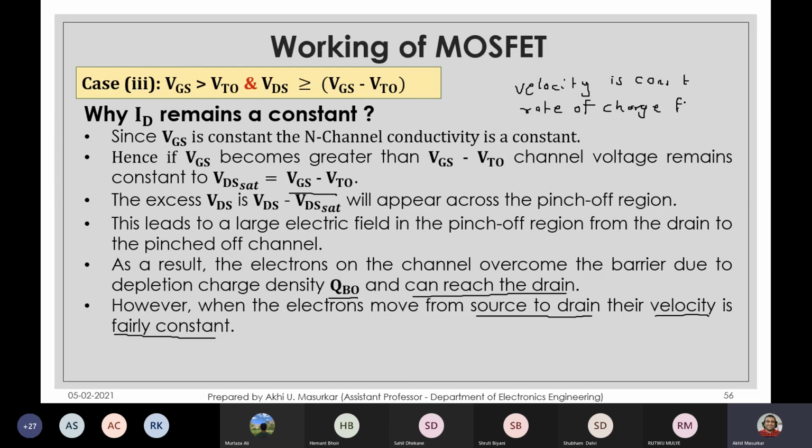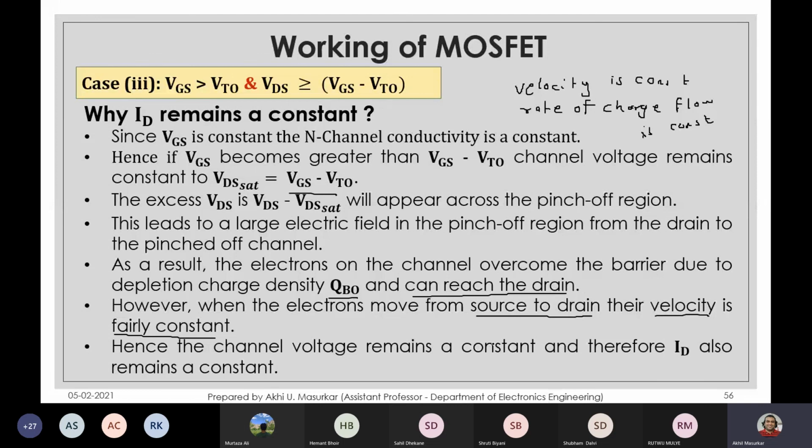Rate of charge flow is nothing but current, and hence current is also constant. So that is the reason why the channel voltage remains constant, and therefore ID also remains constant. So ID not only flows but it is constant also. So the pinch-off part is taken care of.